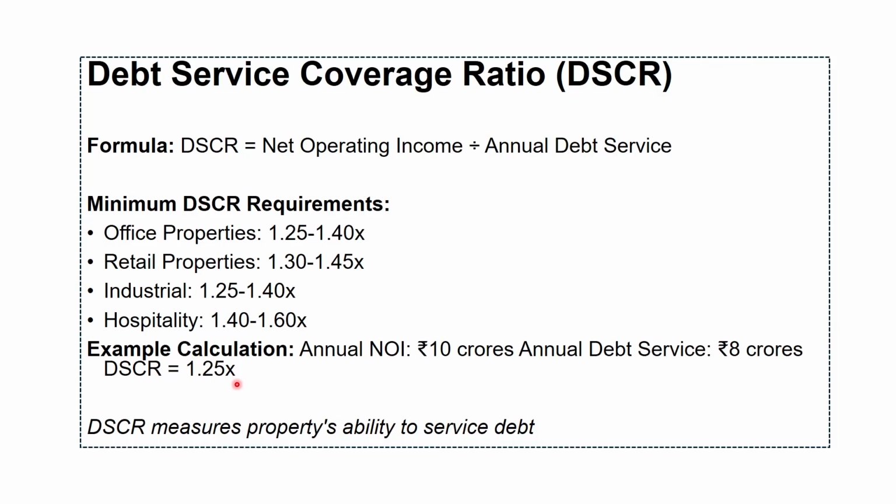Below 1.25, a lender like SBI may reduce the loan and focus on the commercial threshold. So, the amount of debt relative to the annual NOI is considered.